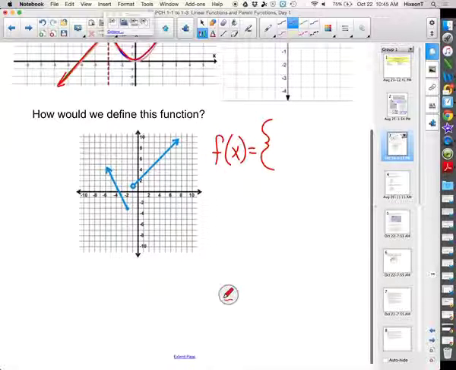Okay? First of all, we see the two different parts here. Part of it, it's going to be when x is less than or equal to -2. Okay, I'll put a little comma there because we're going to put the function in here. And then the rest of it is when x is greater than -1. Okay?